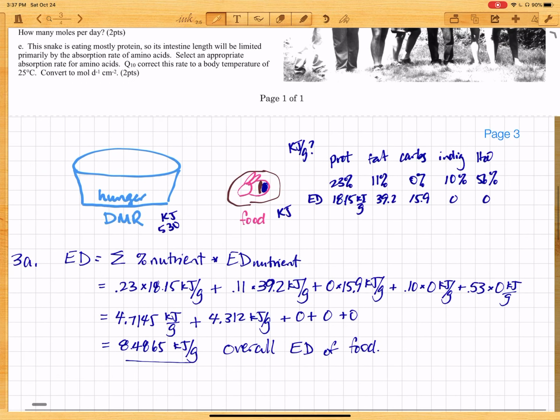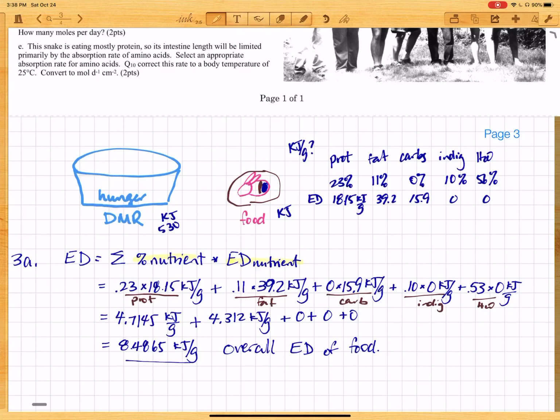So to calculate that, the energy density of the rabbit is just a weighted average of the percent nutrient composition times the energy density of that nutrient for each one added together. So this part is going to be the protein. This part is the fat. This part is the carb, the indigestible, and the water. Sum that all up.